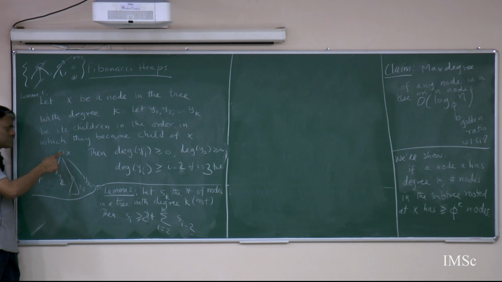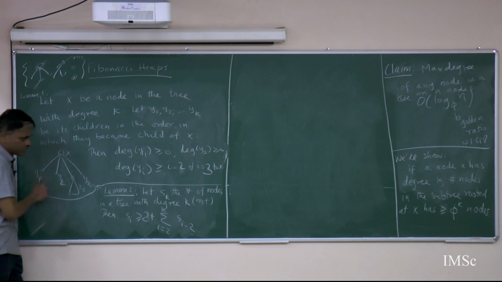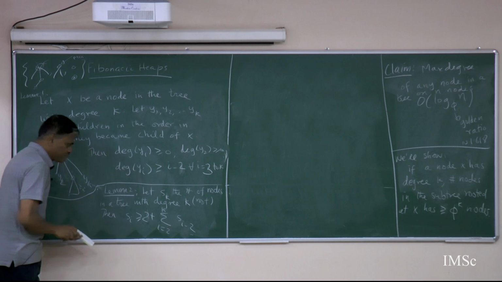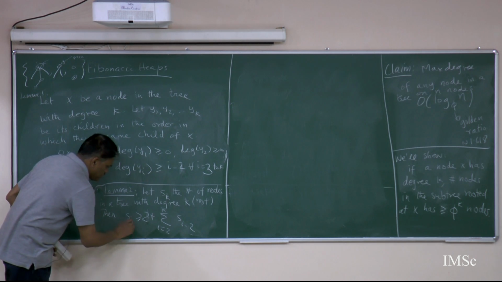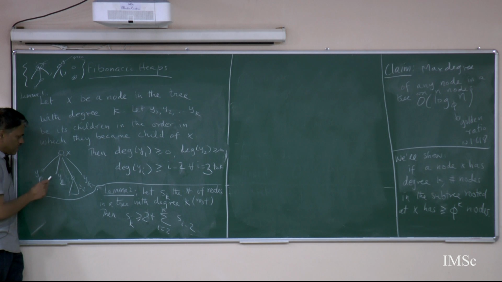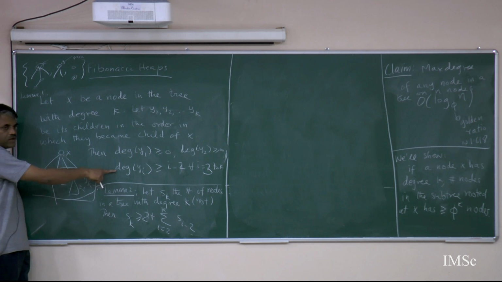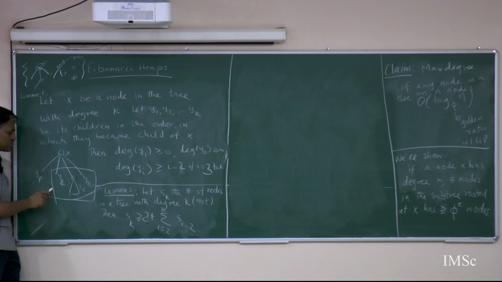S_k is at least 1 to count for the root, plus 1 to count for this node, so that's 2, plus the minimum. Now I already know a lower bound for its degree from here. The minimum number of nodes in such a tree with degree i minus 2 will be S_{i-2}.